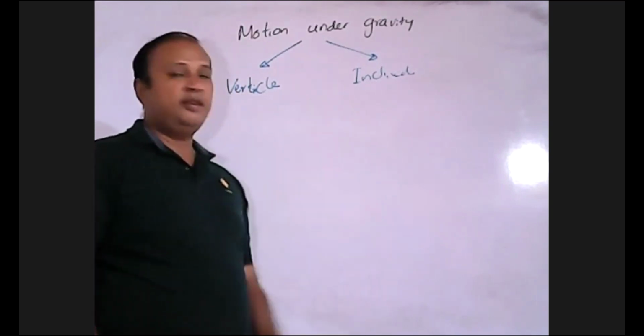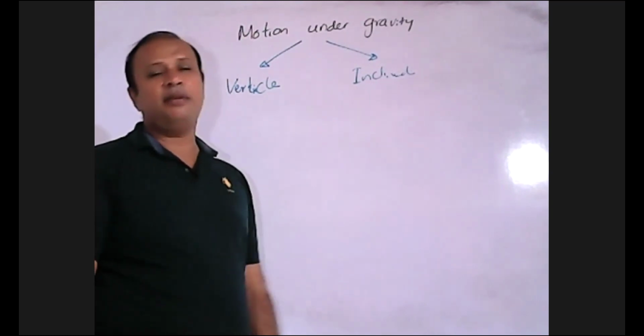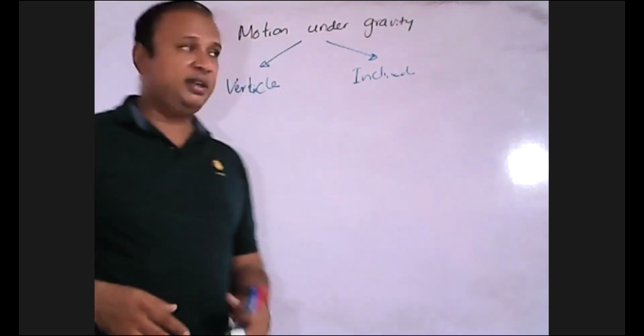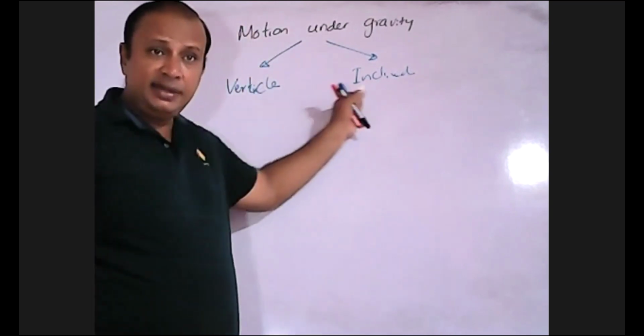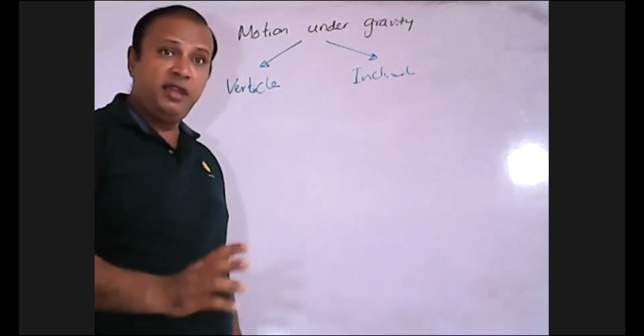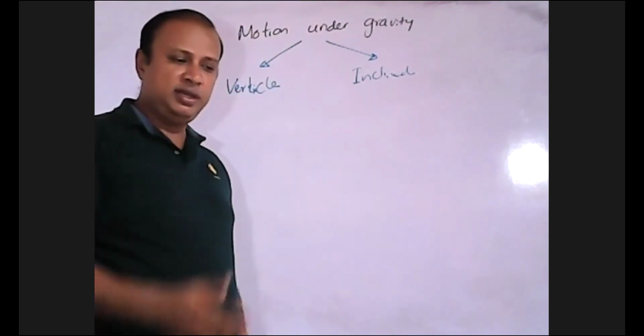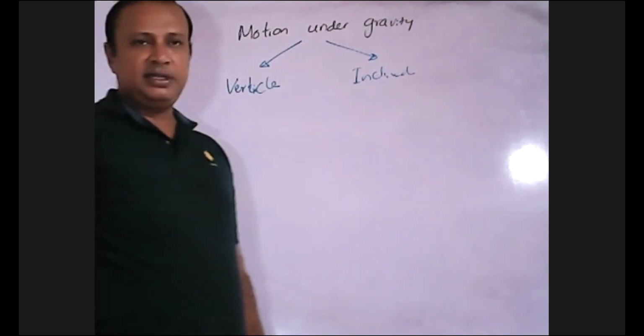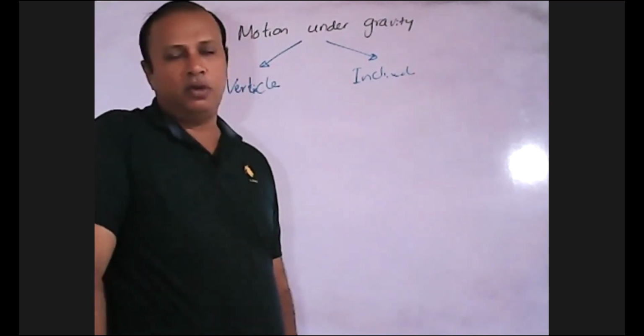Therefore, those kinds of motions are called inclined motions. So motion under gravity can be divided into two categories: vertical and inclined. Vertical means the motion is perpendicular to the Earth's surface.